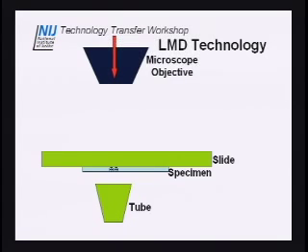This is a basic diagram of the LMD instrument, at least the Leica instrument. Here is the microscope objective, and you have the laser coming through the objective. Down here you have your slide, and this is an example of the slides you have. But here I haven't drawn there's actually another layer in here: the pen film. If you look at the slide, you can see that the membrane is glued along the edges, and in the middle it's not glued, it's just suspended there.